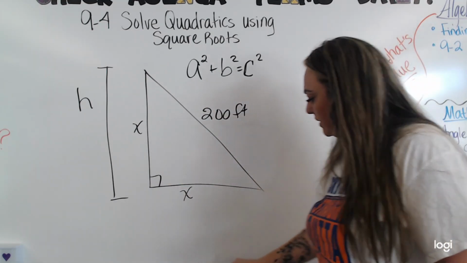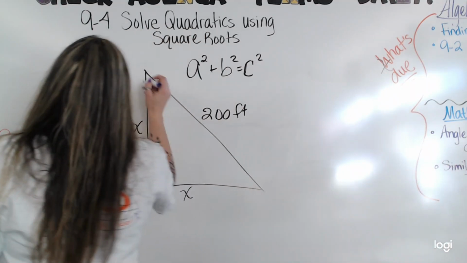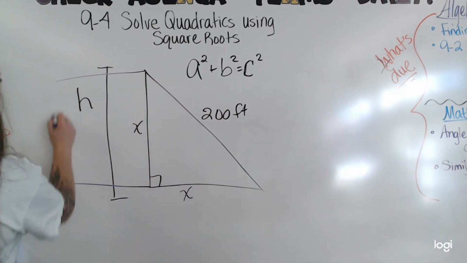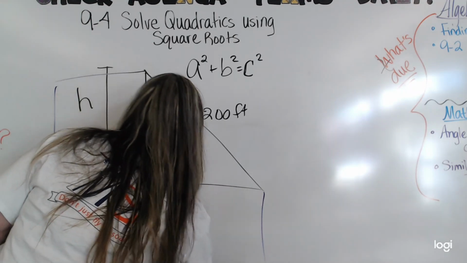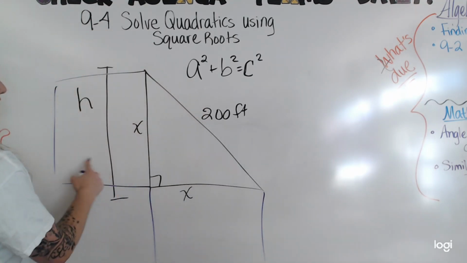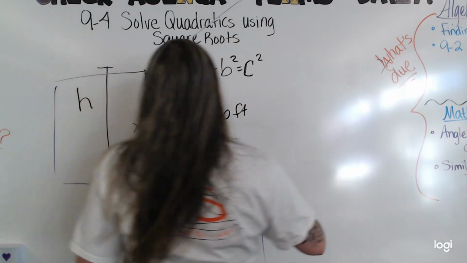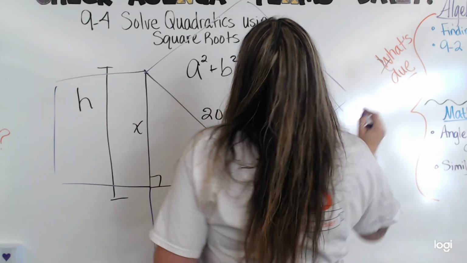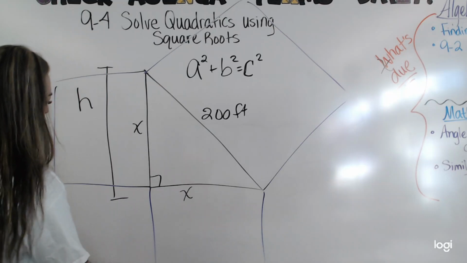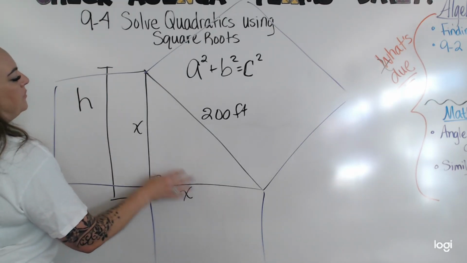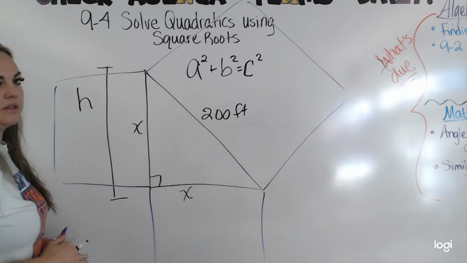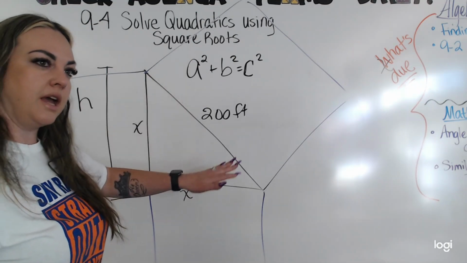Remember that the Pythagorean theorem has us squaring, so literally making squares off of the sides A, B, and C. Again, not perfect, but when we square these two, they are equal to the hypotenuse, or that diagonal side.